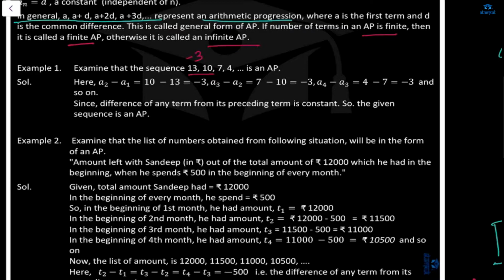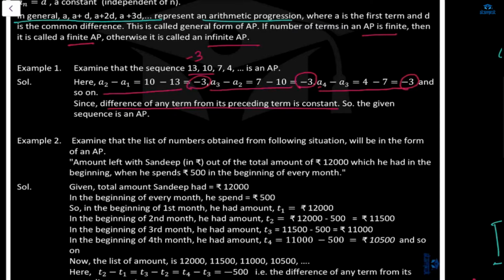So A2 minus A1, 10 minus 13, gives minus 3. Again A3 minus A2 gives minus 3, and A4 minus A3 gives minus 3. So you can see the common difference is the same everywhere. Since the difference between consecutive terms is constant, this series is an AP.